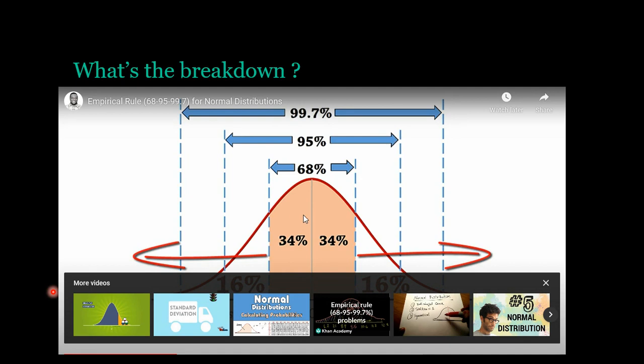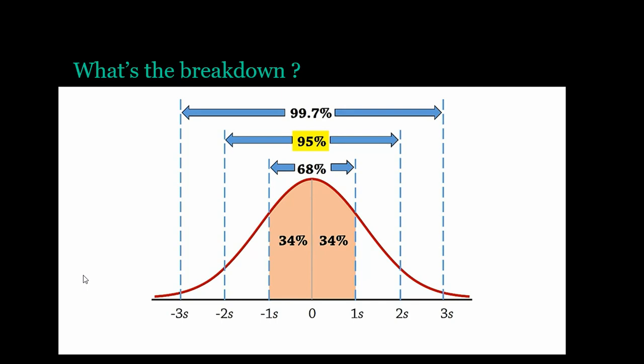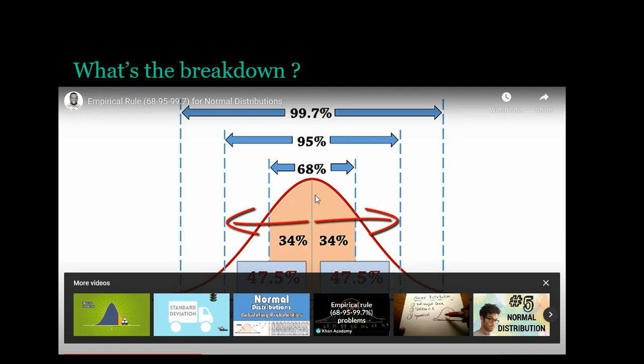So notice that he took 68 and divided by 2 and got each chunk because it's symmetrical. Now, since it's 100%, 100 minus 68% leaves 16 on either side. Notice that this is from the middle, right? So he's splitting up 95 in half like he did before, but now he's going to categorize how much this part is because it's not all 47.5.